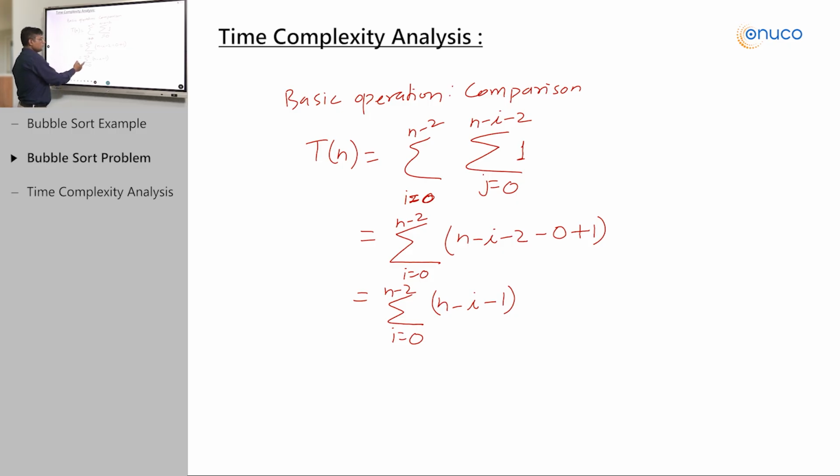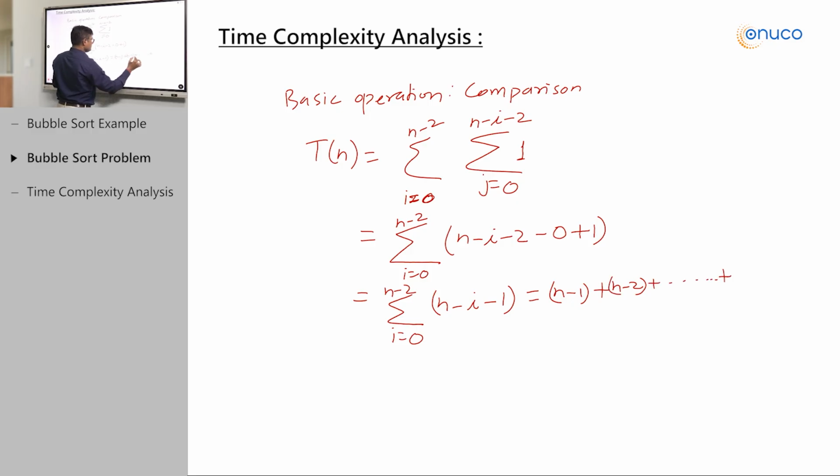Now we come to the outer for loop. What you are supposed to do is put the values of i in this one by one up to n minus 2. If the first value is 0 and you apply 0 here, it is n minus 1. If you apply i is equal to 1, it becomes n minus 2, and so on. It will go till, if you apply n minus 2 in n minus i minus 1, n minus n minus 2 becomes 2, minus 1 is 1.